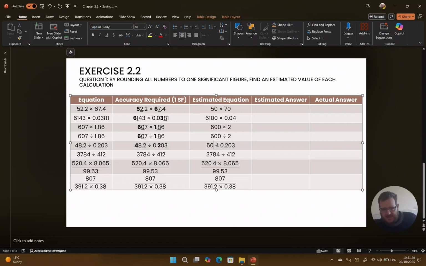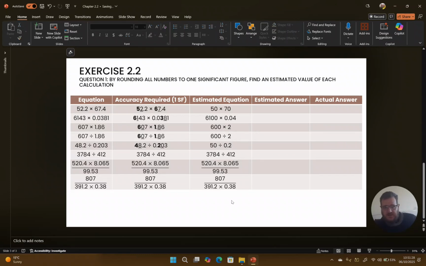And then this bit rounds down because it's a 0. I'll explain more as to what will happen when we get there.